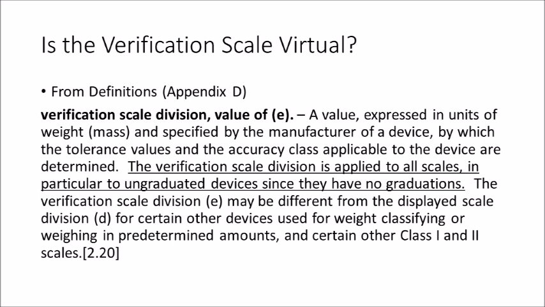The second sentence: verification scale division is applied to all scales, in particular to ungraduated devices. Well, how can you say that the verification scale is part of the instrument scale when you have an instrument with no scale? The verification scale is referring to the reference value of the standard.